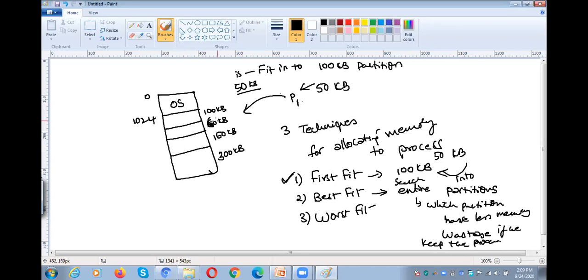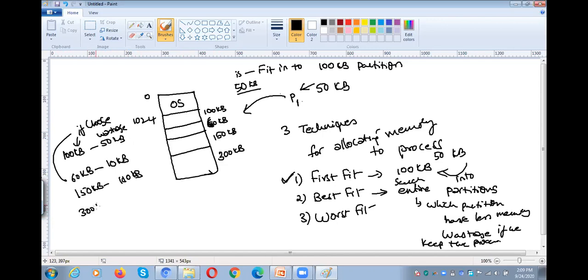If you keep your 50 KB in a 60 KB partition, the wastage is 10 KB. If you choose the 100 KB partition, the wastage is 50 KB. If you choose a 150 KB partition, the wastage is 100 KB. If we choose a 300 KB partition, the wastage is 250 KB.